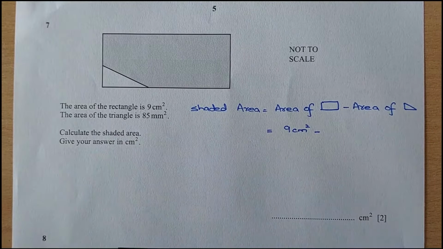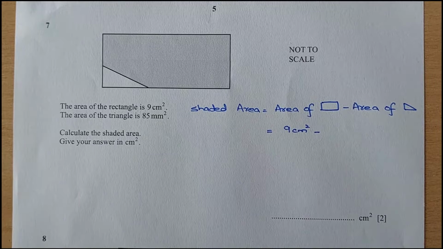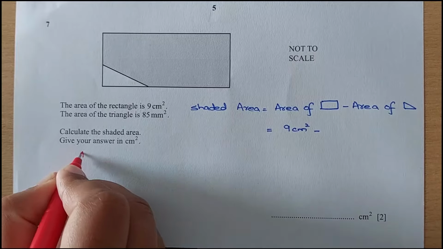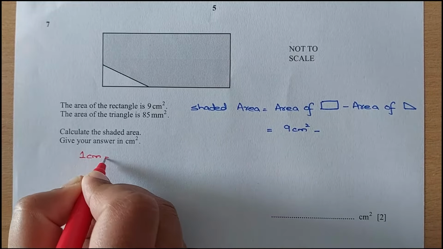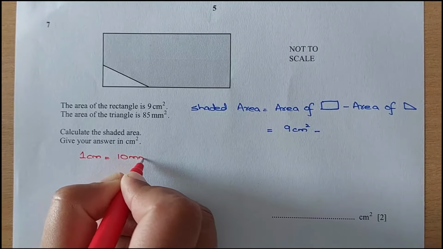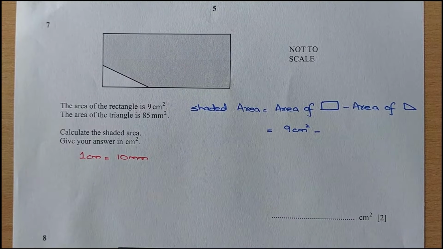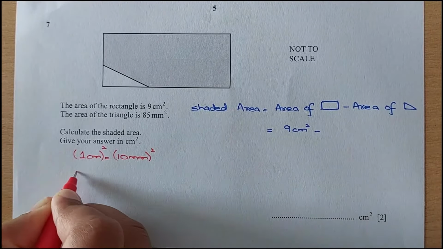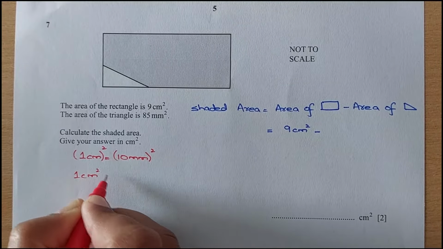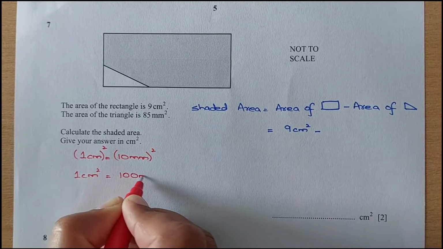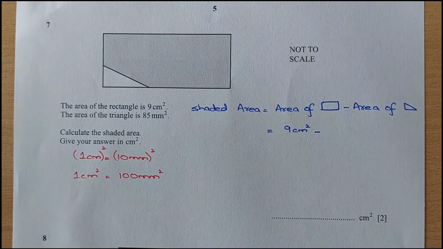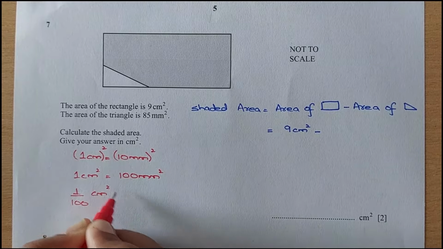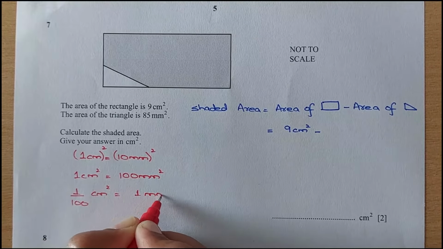The triangle area is given in millimeters, so we need to convert millimeters into centimeters. 1 centimeter has 10 millimeters, but it is in square, so let's square both sides. 1 squared is 1 centimeter squared, 10 squared is 100 millimeters squared. So 1 over 100 centimeters squared equals 1 millimeter squared.